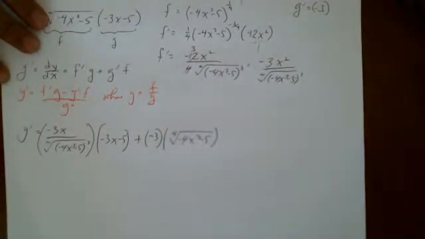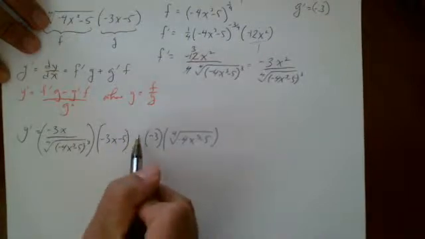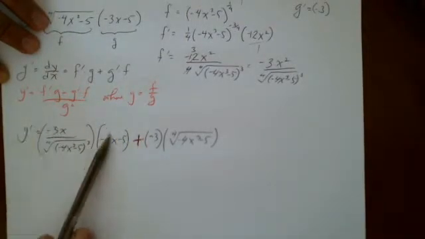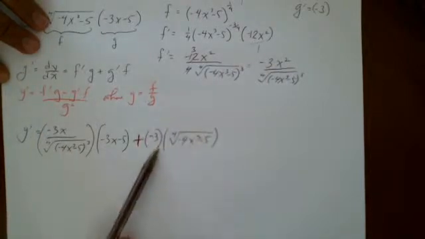There it is. What happens now is you have two basic terms because of this positive plus right there. So you have this first term right here and the second term right here.